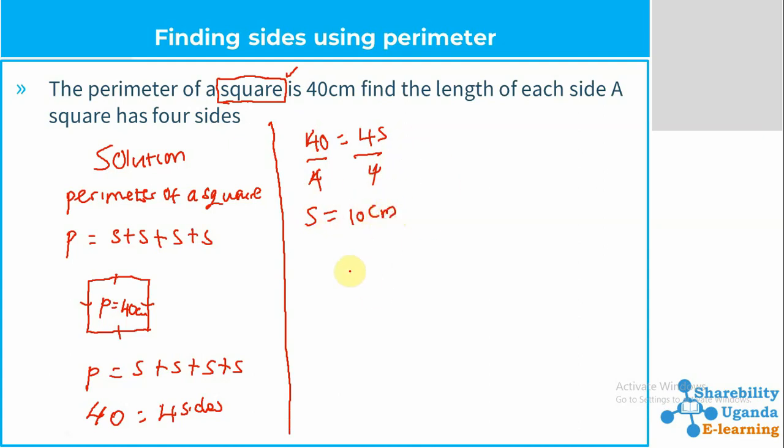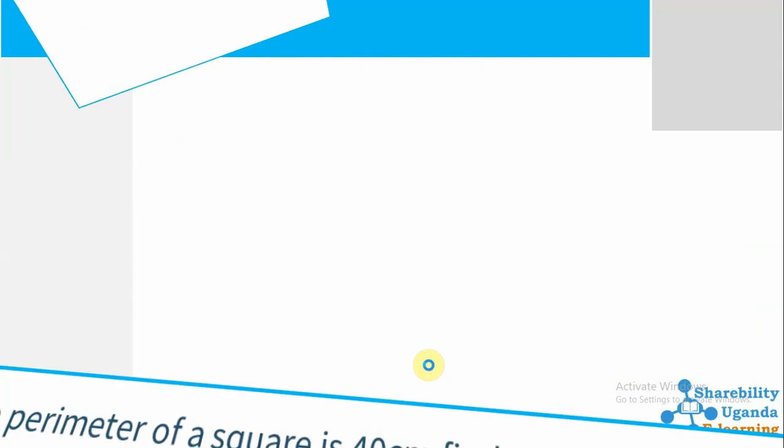This simply means that for this square, each side is 10 centimeters. When you apply this, you still get our 40. So that is how we can come up with the parameter of different figures.